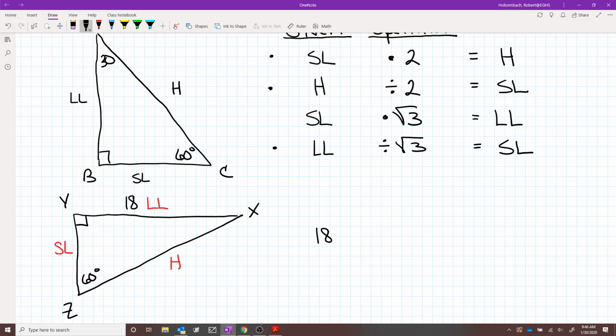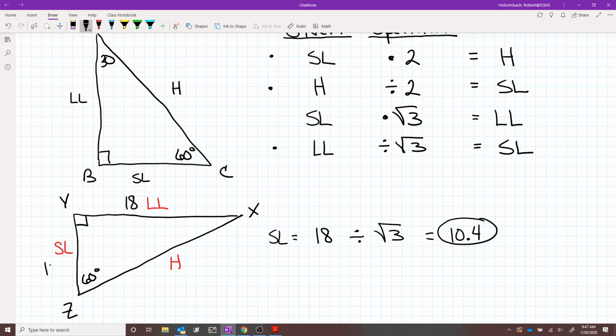So take 18, divide it by the square root of 3, and in your calculator, that's 10.4. So your short leg is equal to 10.4.